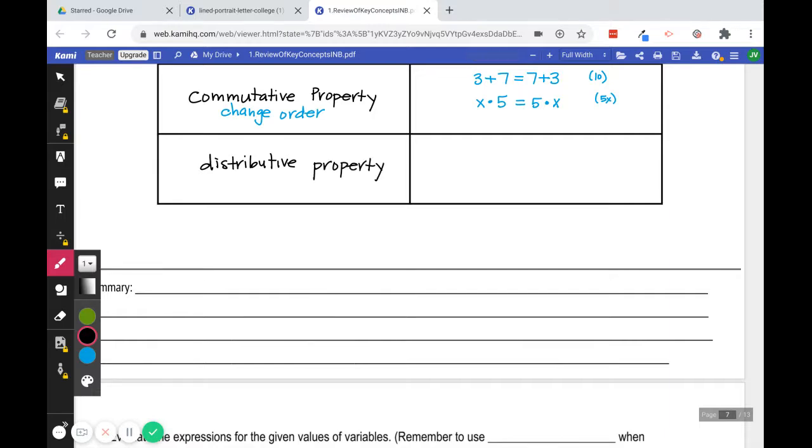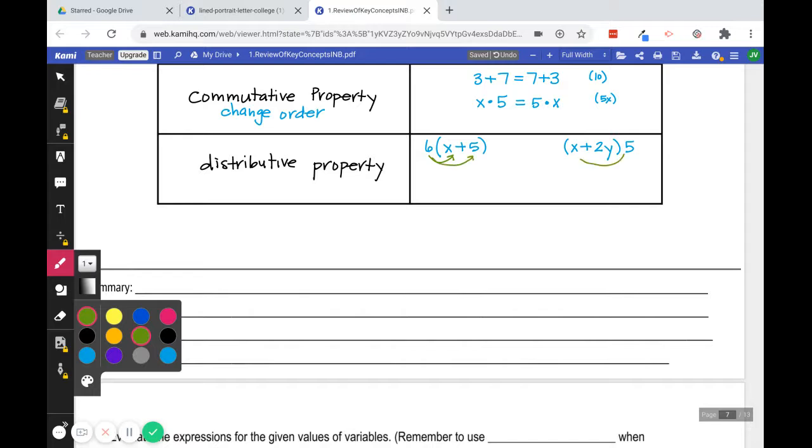The distributive property works by taking a number in front or a number in the back and multiplying with terms that are inside parentheses. So for example, 6x plus 30 or 5x plus 10y.